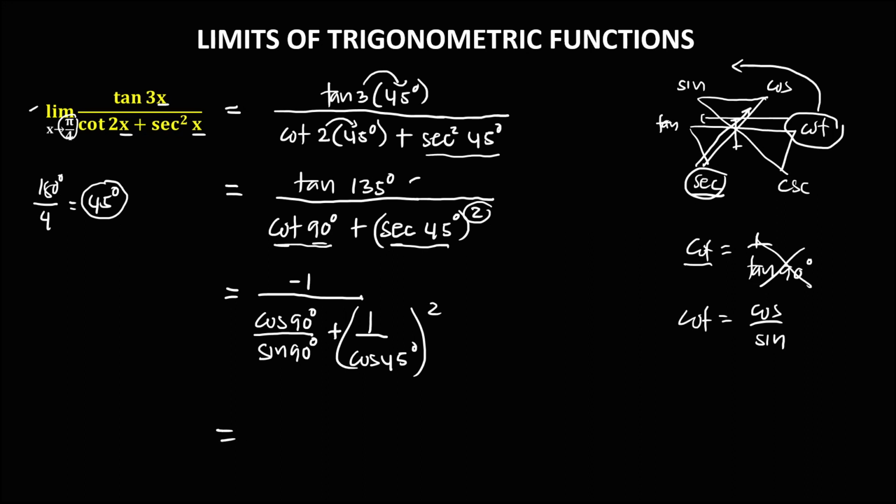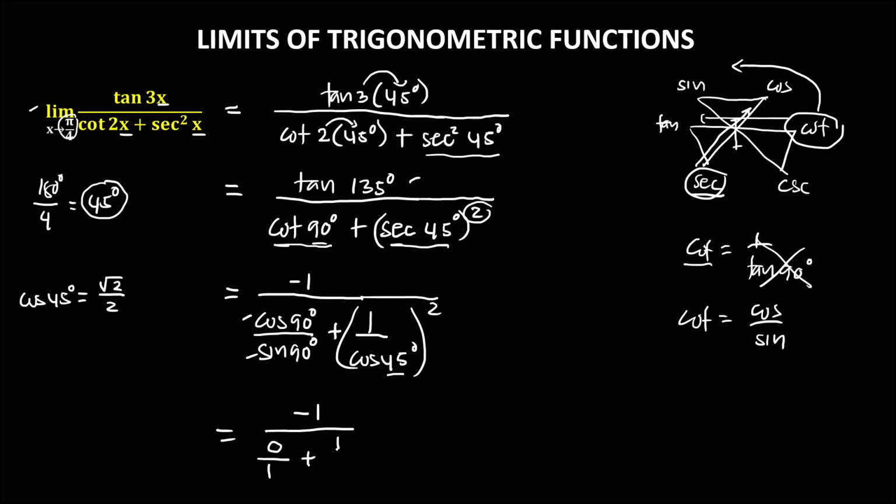Then to simplify, this is negative 1 over cosine 90 degrees, that's equal to 0, over sine 90 degrees, which is equal to 1, plus. Now take note that cosine 45 degrees, using the special triangle, is equal to square root of 2 over 2.